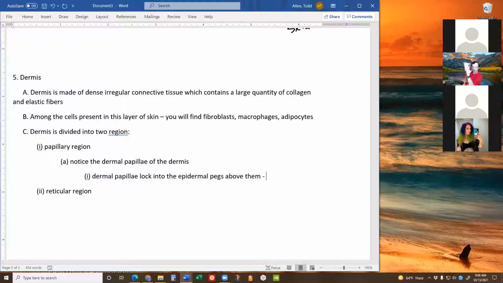And this interlocking helps to ensure good structural integrity between and attachment of the epidermis to the dermis, right? That's the interface there. It provides a really solid connection between the epidermis and the dermis.